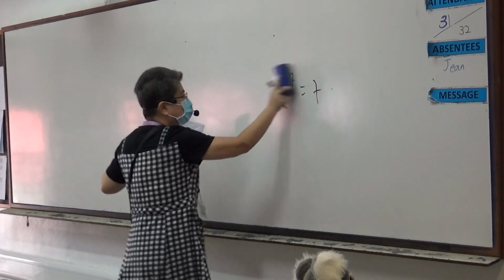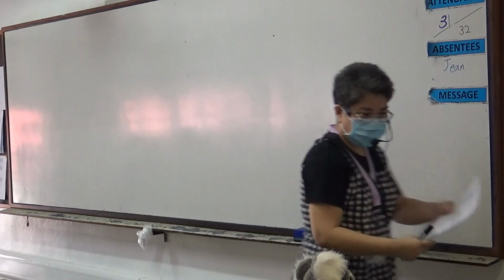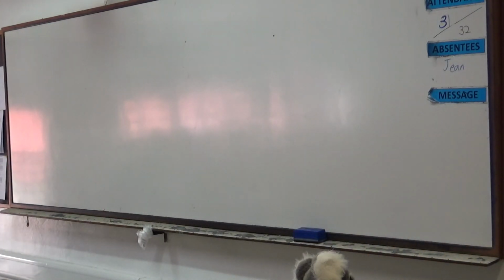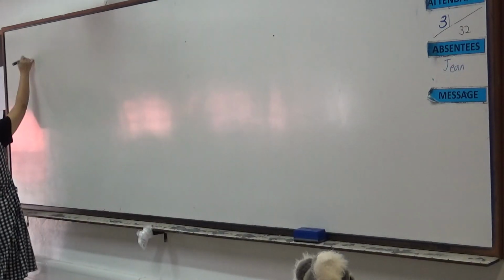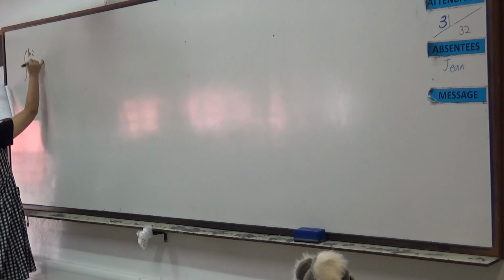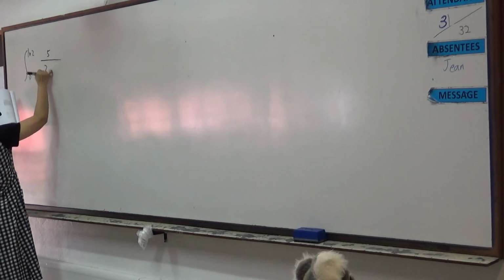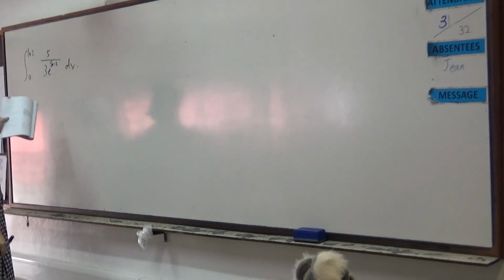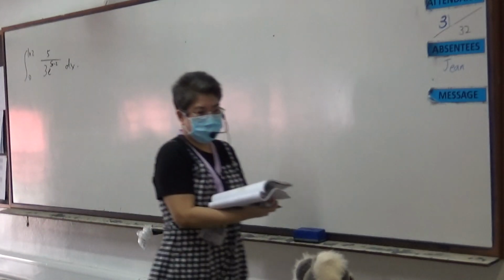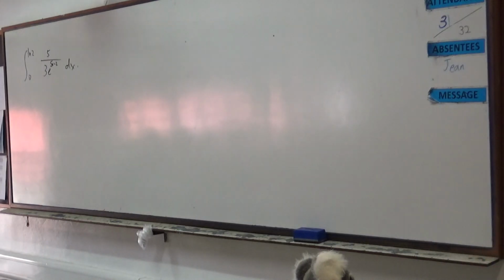Let's move on to example 3. Integration from 0 to ln 2 of 5 over 3 e to the power of 5x minus 2 dx. Okay?